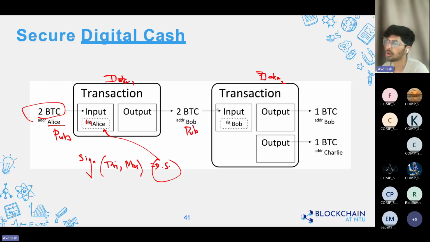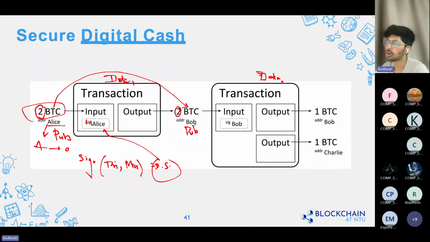Now, if Bob wants to send this to Charlie, this is a full transaction. That means all the two bitcoins are being used up here, in the sense that they have been transferred to Bob. So the ledger will show that Alice has exactly 0 bitcoin.